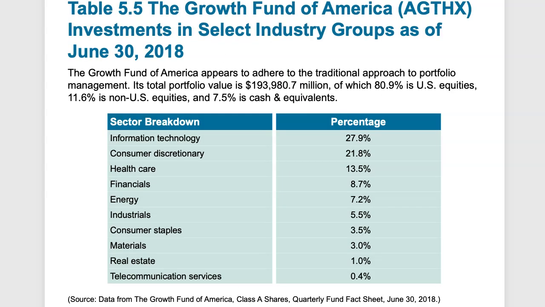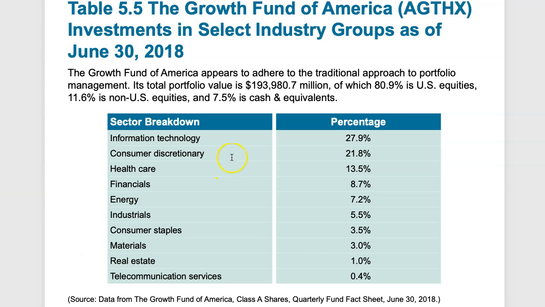Now, let's look at a growth fund, the Growth Fund of America. And so this is going to be built in a more traditional approach of this portfolio. So at the time, it's saying that the value of this portfolio is close to 200 million, of which 80% are U.S. equities and about 12% non-U.S. equities and 7 or 8% in cash.